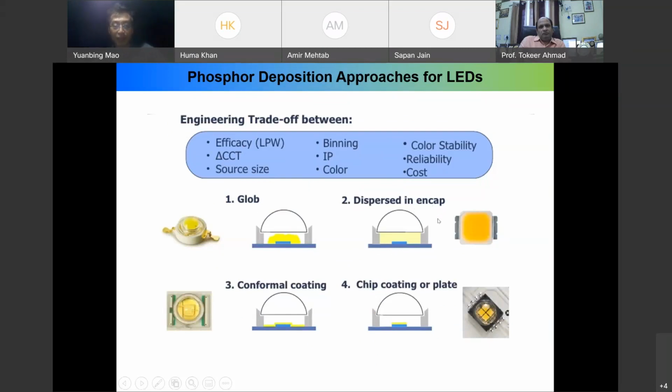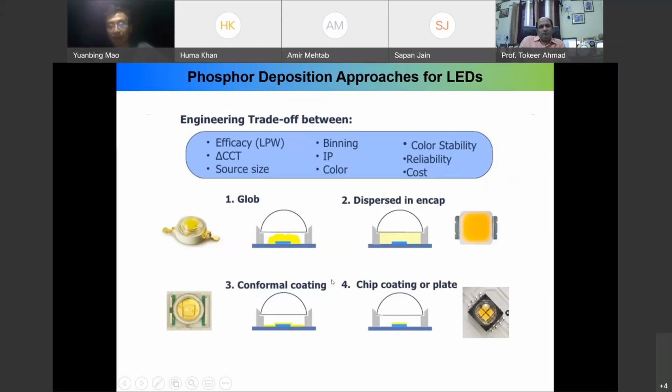And then it depends on the different type of coating. This one is a conformal coating, where you will see that the coating is right on the chip. And then there's the chip coating or plate as well, where it's only coated on the top of the chip.